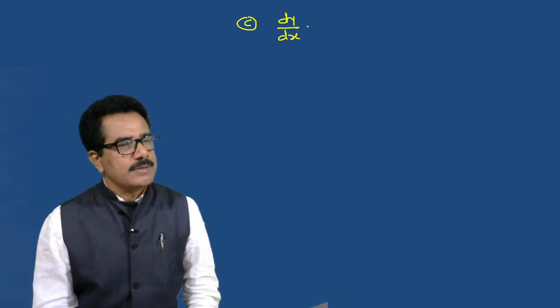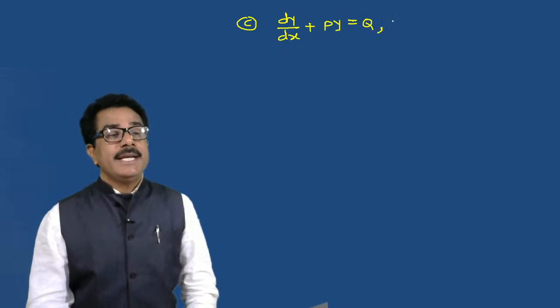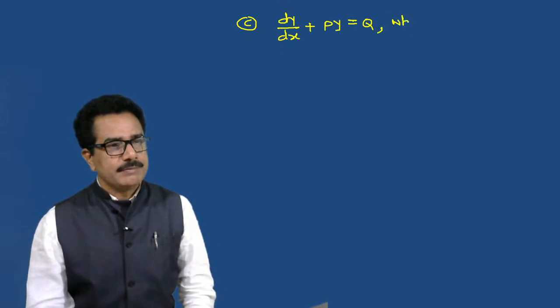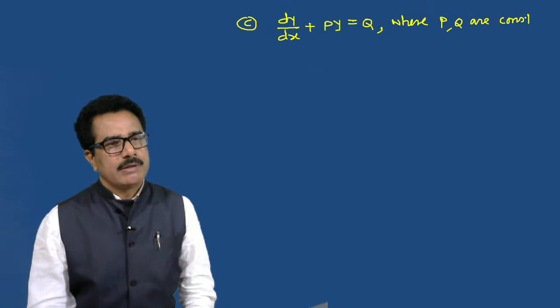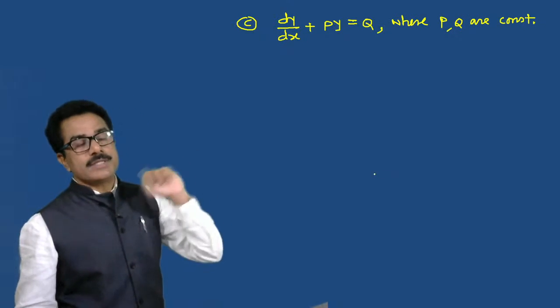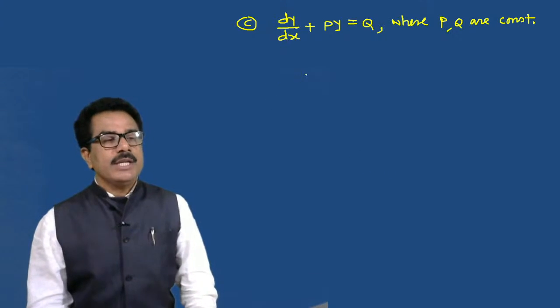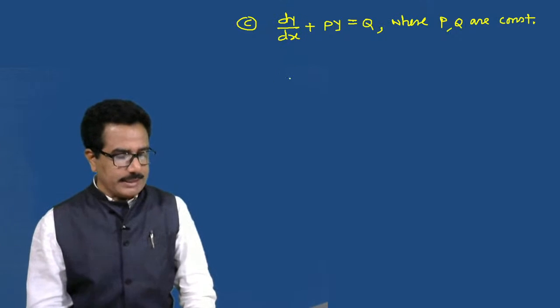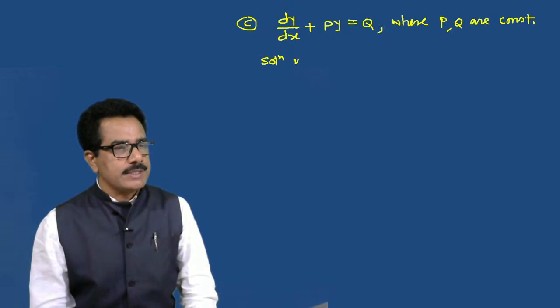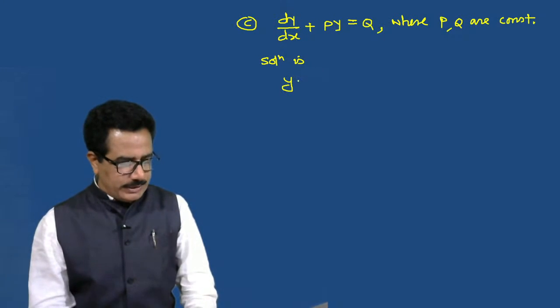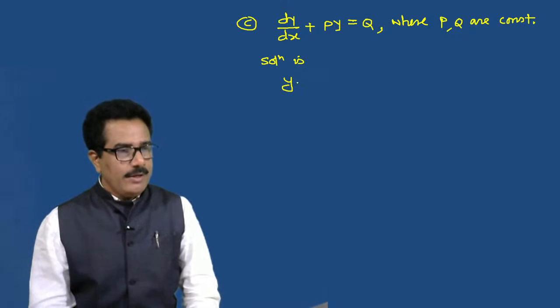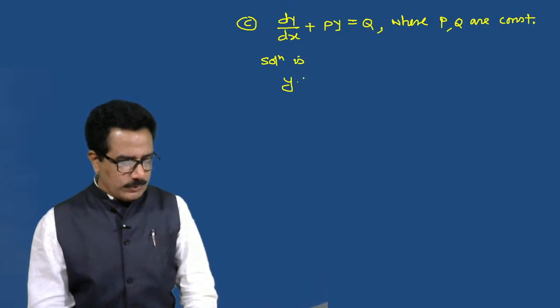Next, the differential equation of the form dy by dx plus py which is equals to q, but here p and q are constants. So we can write its differential coefficient shortly in this manner. The solution is y is equals to, by the same process, y into e raised to p dx.